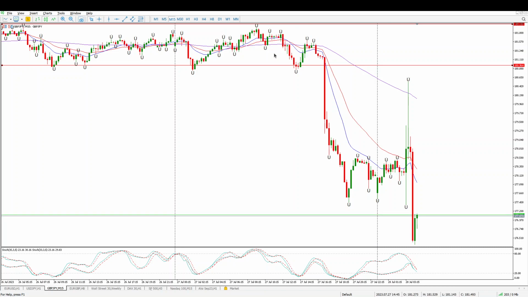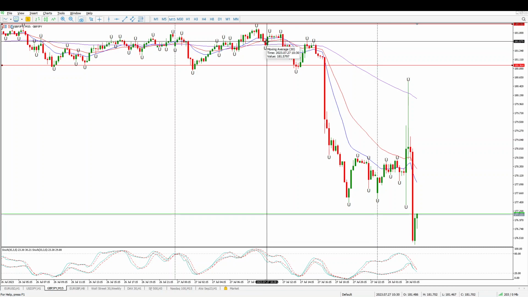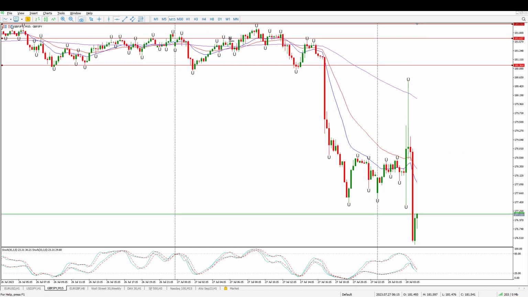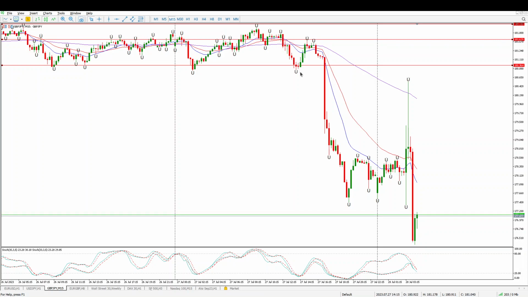Although, hindsight being a perfect science, if you look at these levels here, let's just put one in. If you look there, how strong that level is, and we drop below it, with the moving averages crossed over, oscillators moved up and then sort of started rolling.